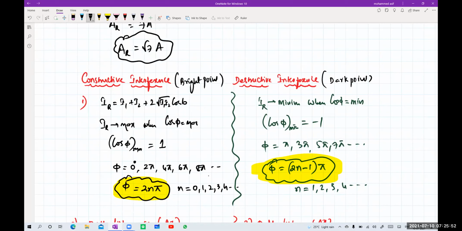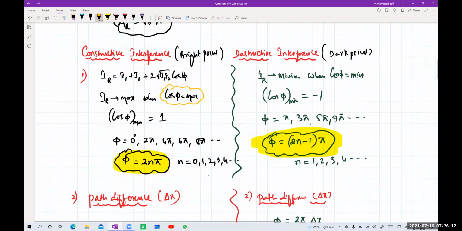For what value does it become maxima? IR will be maxima when cos phi is 1. For what value will it become 1? Phi is equal to 0, 2 pi, 4 pi, and so on. That means phi is equal to 2n pi, where n is equal to 0, 1, 2, 3, 4, and so on.